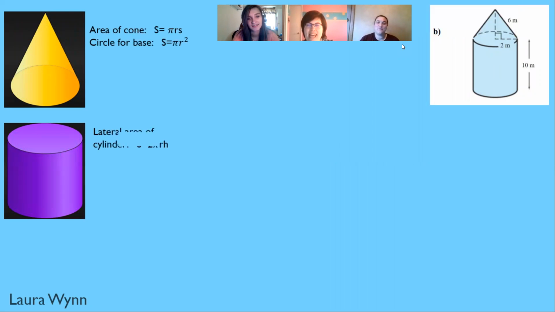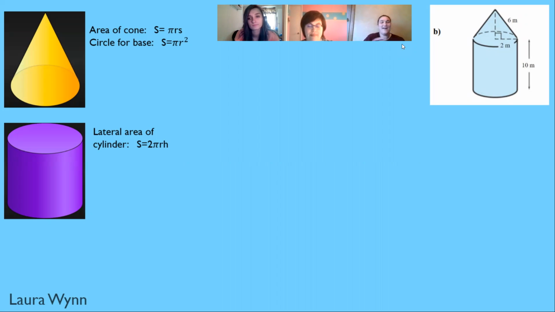So the area of our cone is S equals pi R S. And then we have that circle for the base, S equals pi R squared. And our lateral area of our cylinder is S equals 2 pi R H, which is 2 times pi times radius times height.